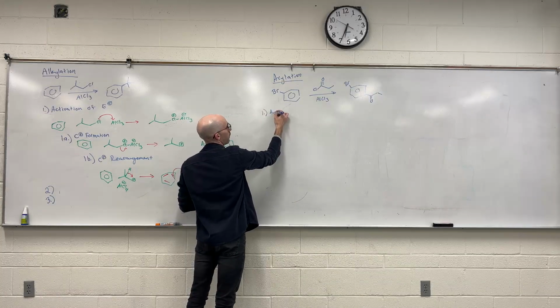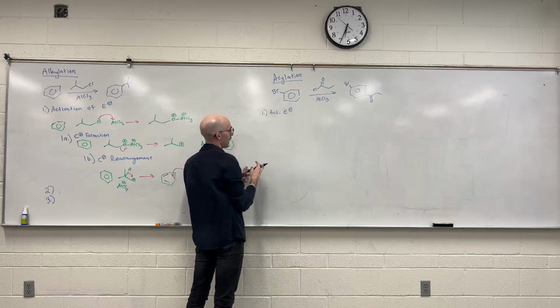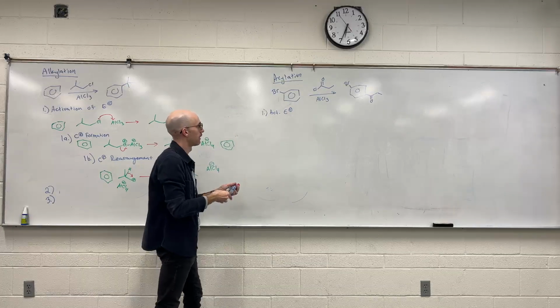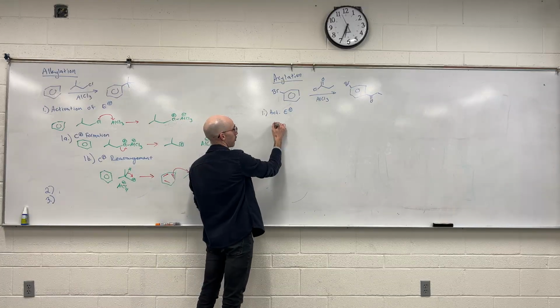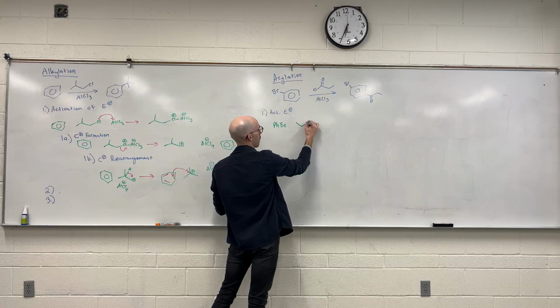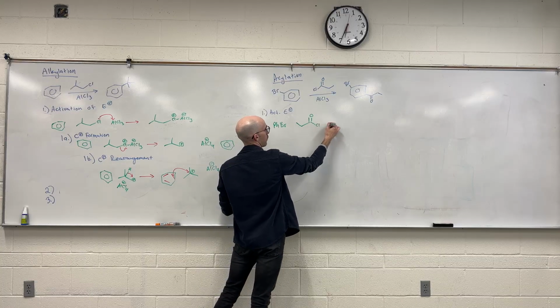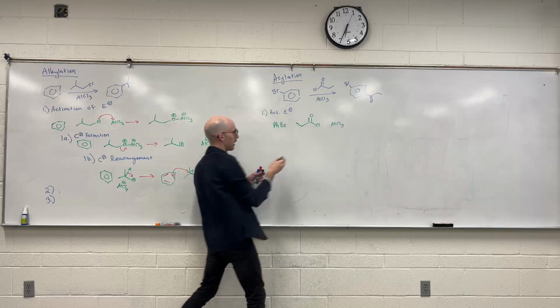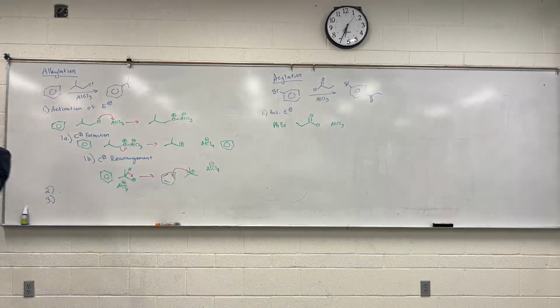Step one, activation of the electrophile. I'm going to abbreviate bromobenzene since it's not going to do anything here. I'm going to abbreviate it as PhBr because that's bromobenzene, phenyl bromide.